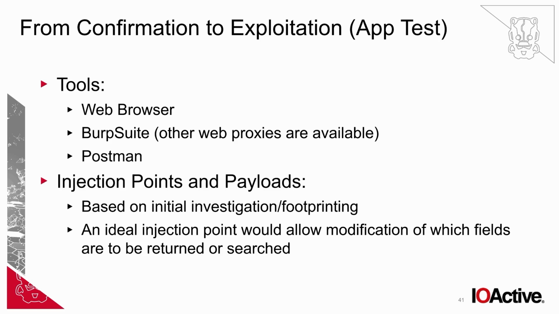For the application test, it's a fairly standard range of tooling that'll be usable. It's generally possible to test this stuff with Postman and Burp Suite if you're looking at any of these Salesforce homemade APIs that people have built to interact with it.